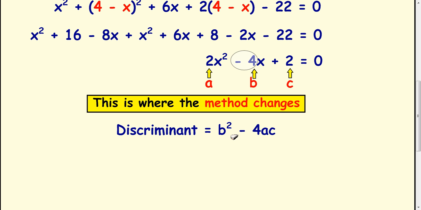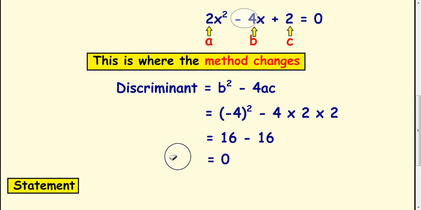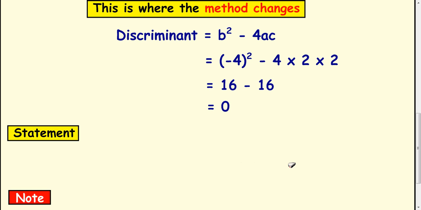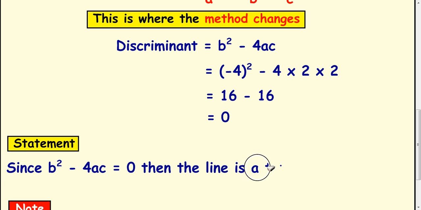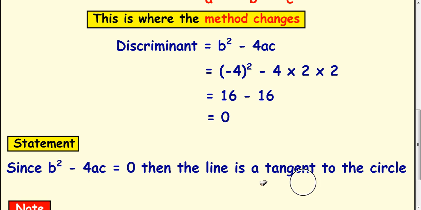So b squared is going to be negative 4 squared minus 4 times 2 times 2. So this is going to come to 16 take away 16, which is 0. So a wee statement to finish it off. Since b squared minus 4ac equals 0, the line is a tangent to the circle.